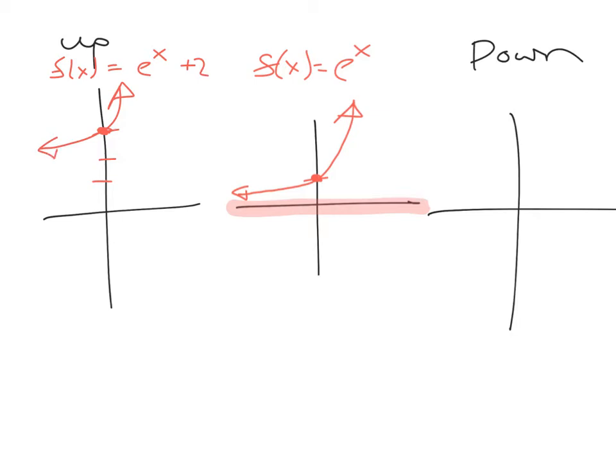Now this is important because our asymptote is affected by the vertical translations, meaning the asymptote is now here. Okay, it's at 2. So same thing for going down. So say I had e^x and then minus 2.